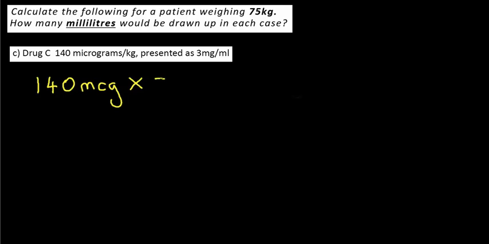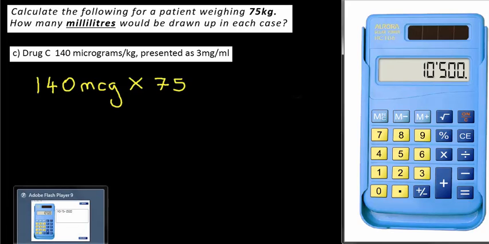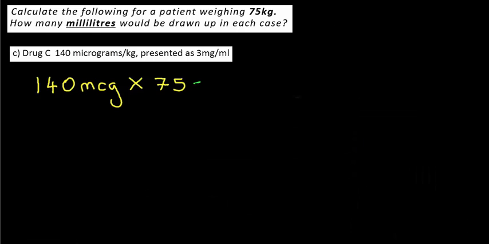So we have to multiply that by the same patient weight, 75. Pull up our calculator, clear the decks. 140 times 75 equals 10,500, in this case micrograms.